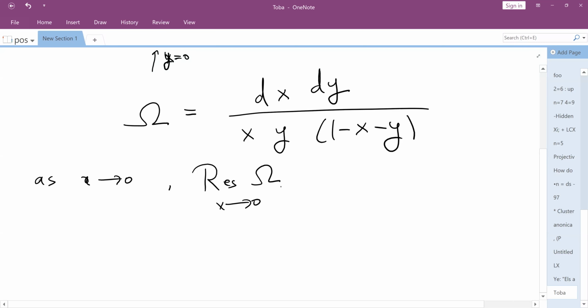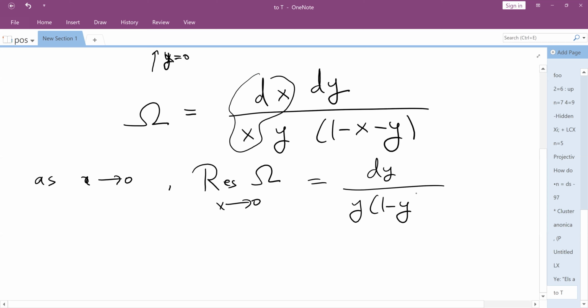So how do I take a residue of this form? Well, it's obvious. I go from a 2 form to a 1 form. For example, the residue of this form as x goes to 0 is what I get when I get rid of dx over x, and I'm left with dy over y, 1 minus y, because remember, I sent x to 0. So let me go back to the picture.